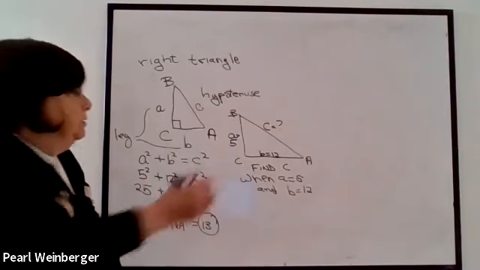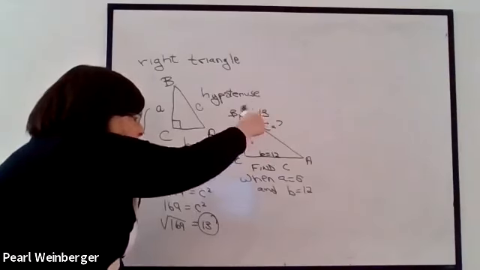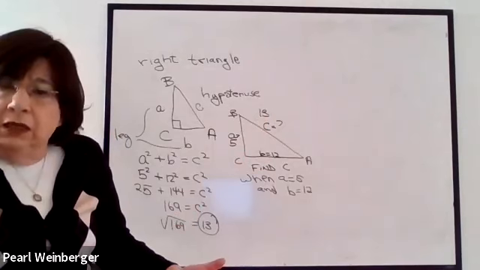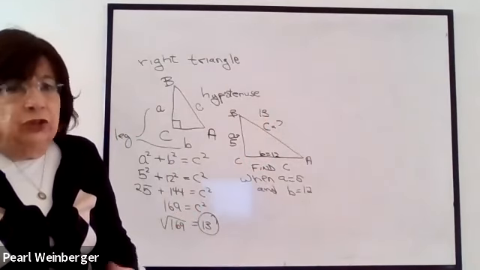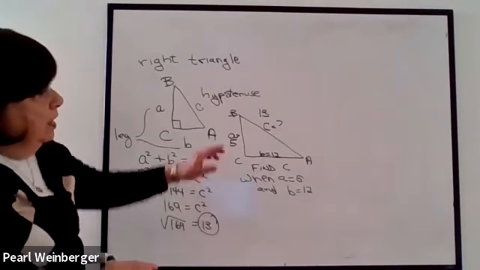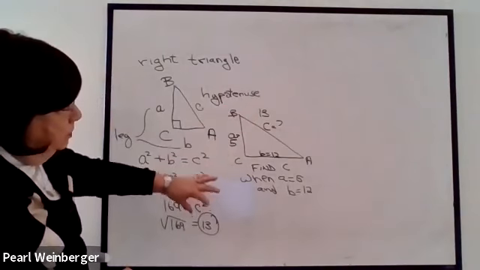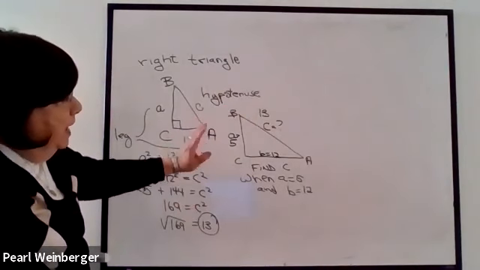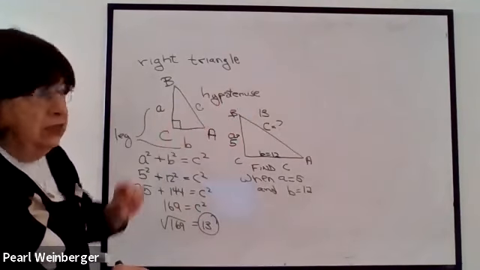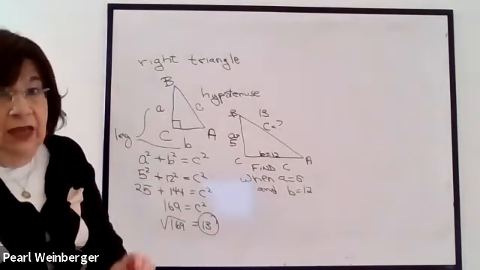This happens to be a special type of right triangle because most of the times when you work these things out, numbers come out to be decimals or fractions or irrational numbers, things in square roots. In this case, it came out to be a rational number, the whole number 13. It's called a Pythagorean triple, 5, 12, 13, because 5 squared plus 12 squared gives you 13 squared.